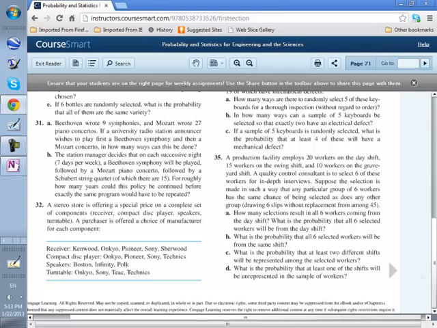Suppose the selection is made in such a way that any particular group of 6 workers has the same chance of being selected as does any other group. How many selections result in all 6 workers coming from the day shift? So essentially, what is the probability that all 6 are selected from the day shift?